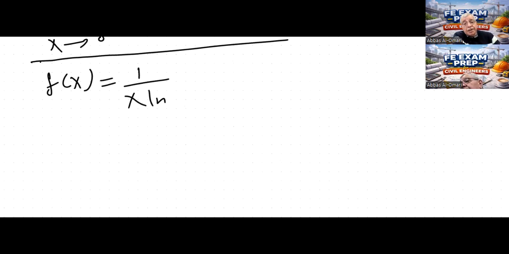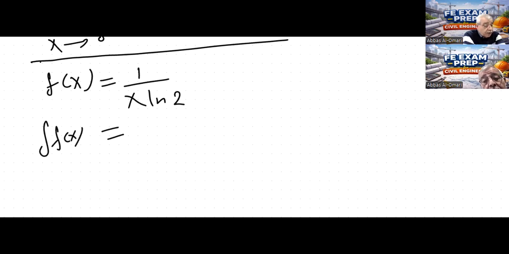So we want to integrate this function. 1 over ln 2 is a constant. So the integration of f of x dx equals 1 over ln 2 times the integration of 1 over x dx.